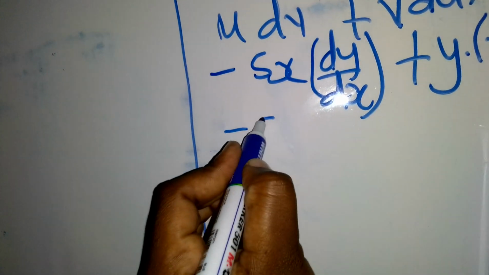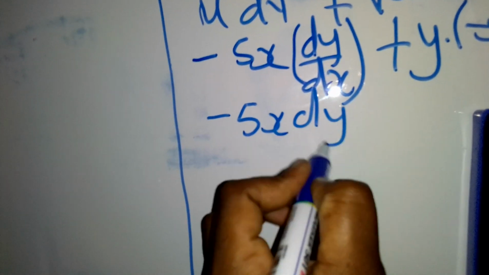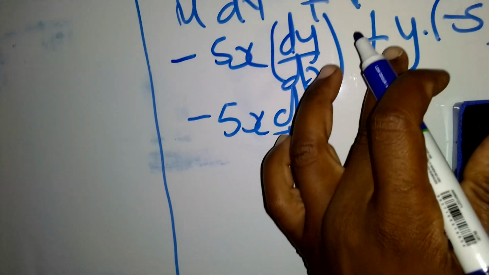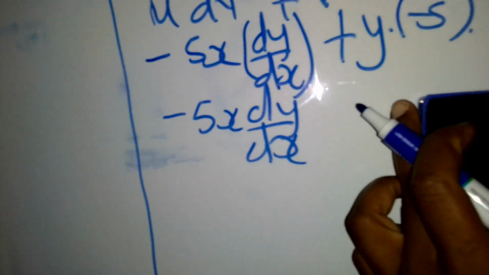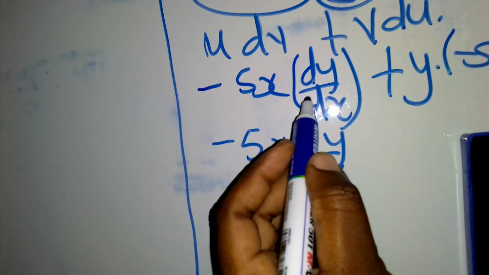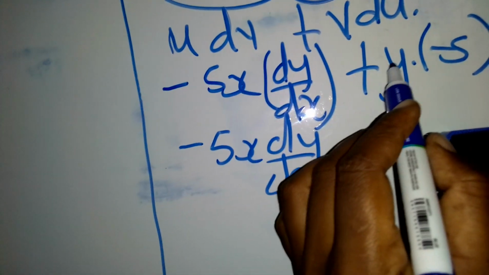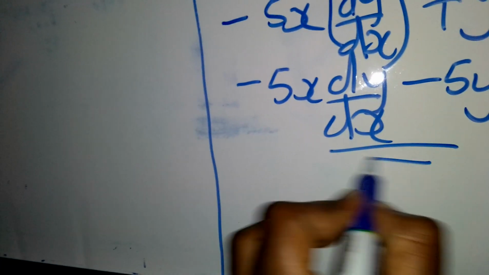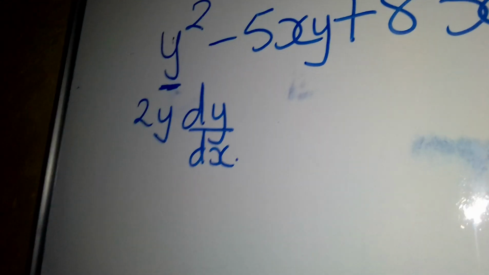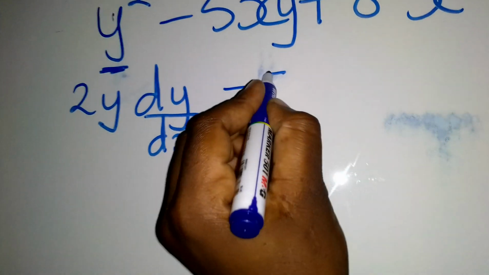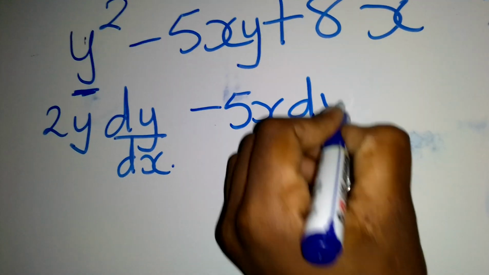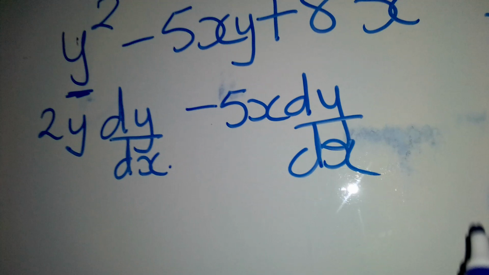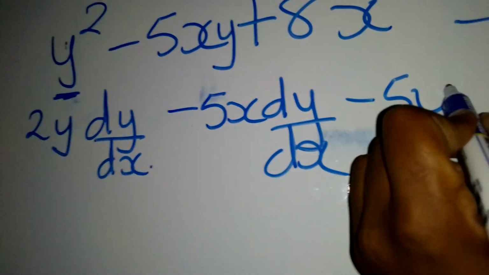So it's minus 5x dy/dx plus y times minus 5, which is minus 5y. So this is the derivative of this part: minus 5x dy/dx minus 5y.